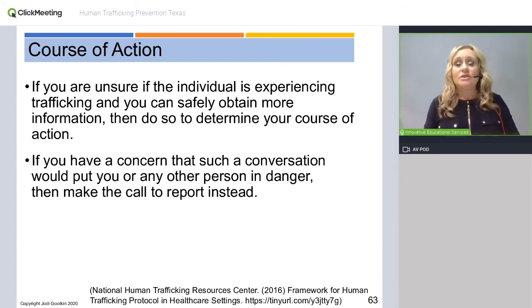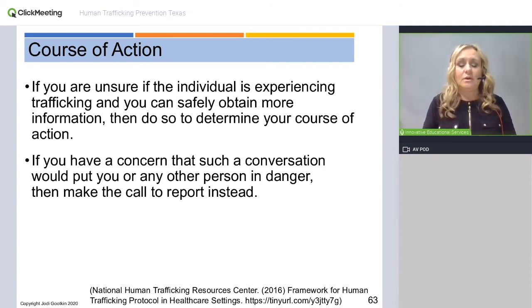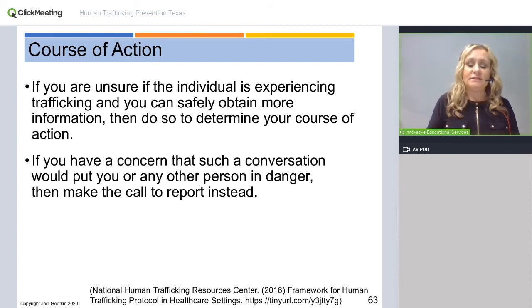If you have a concern that it may put them in danger, then your decision might be to make a call to seek help to allow you to report the case and get the individual assistance in that way, rather than physically stepping into the situation and confronting the trafficker yourself. That is not something that you would want to do.